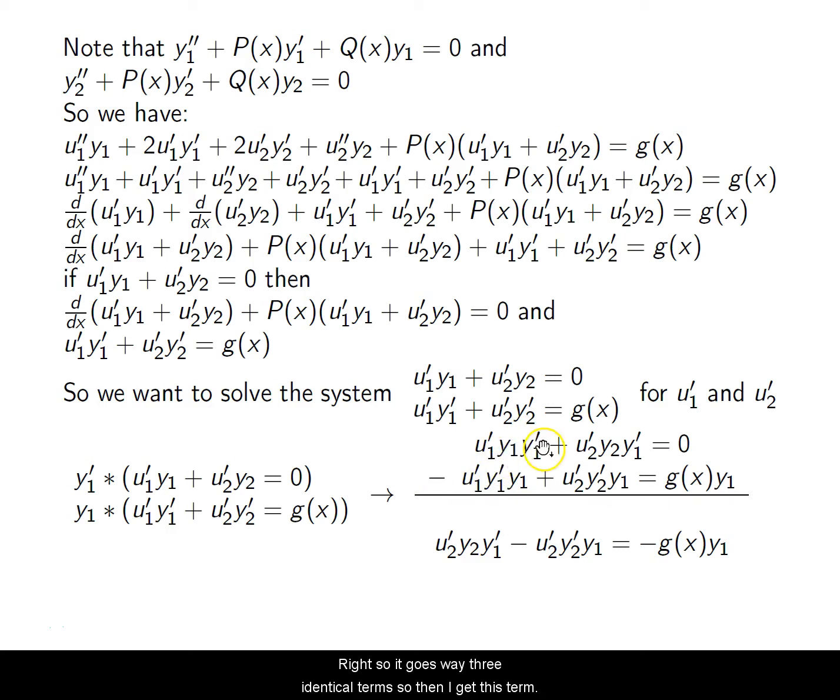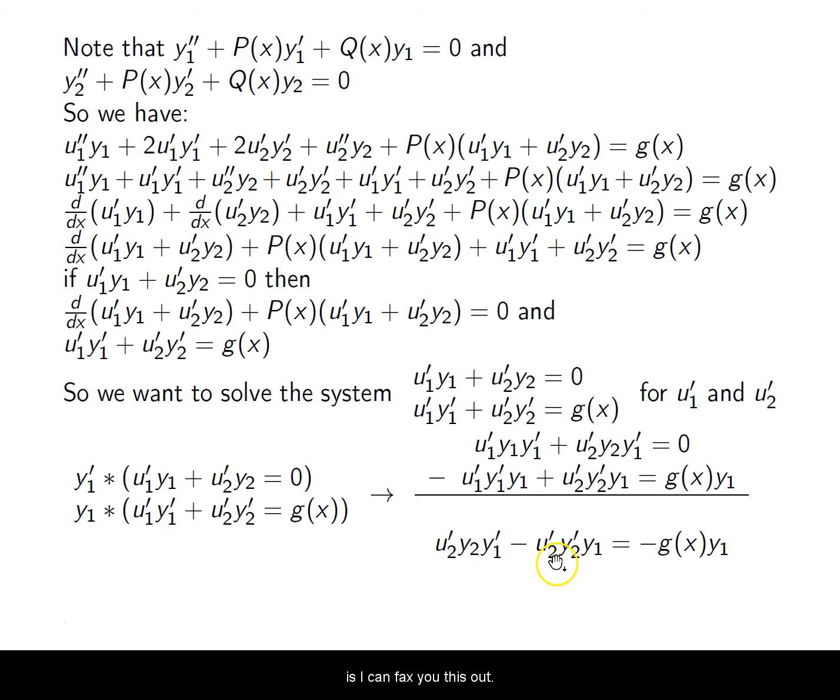So it goes away. They're identical terms. So then I get this term minus this term, and that will be minus g(x)y1, right? And so again, I'm trying to solve for u1 prime or u2 prime, but if you notice, u2 is the only thing that is around.